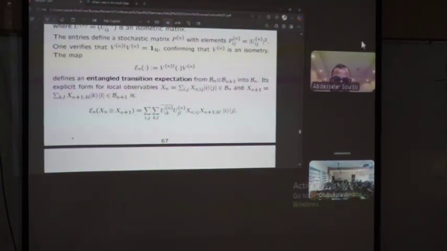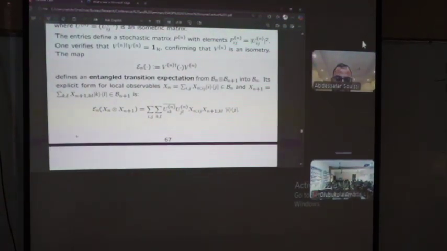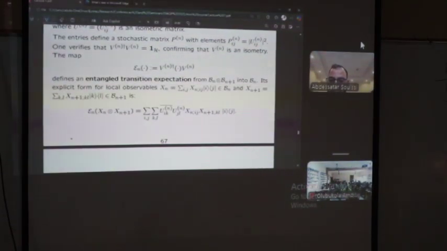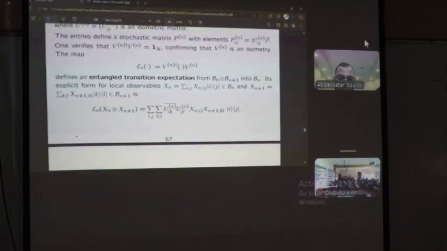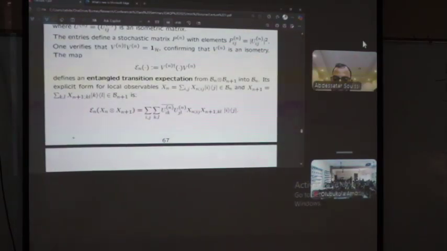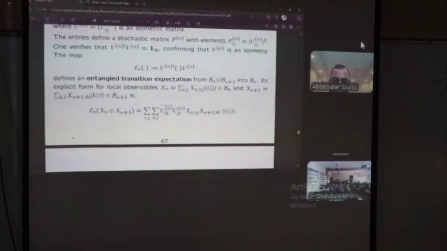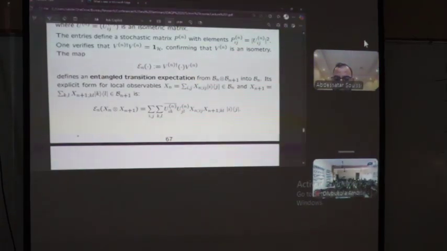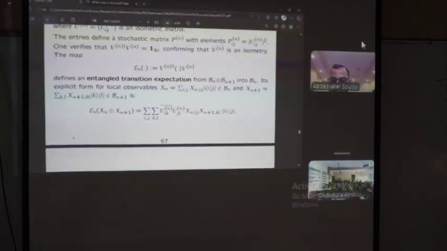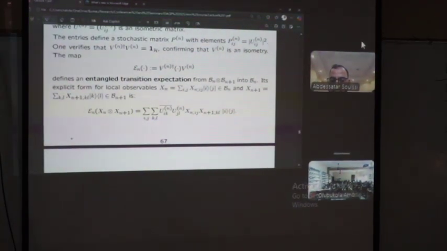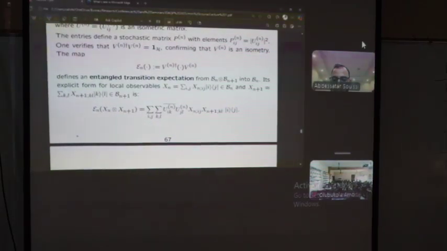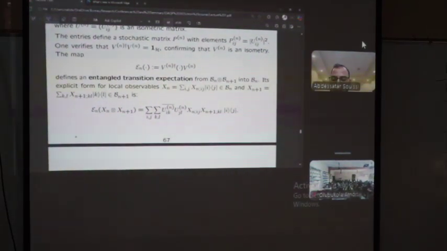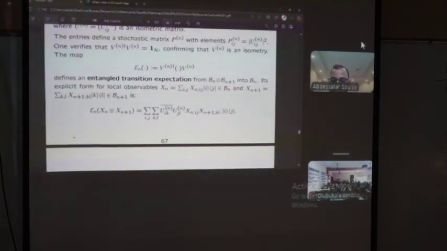If we have a vector extending the algebra An, and then x plus 1 in the An plus 1 algebra, then the action can be written explicitly in terms of the isomorphism this way. By this notation, Uij means the entries ij of the same, for example.